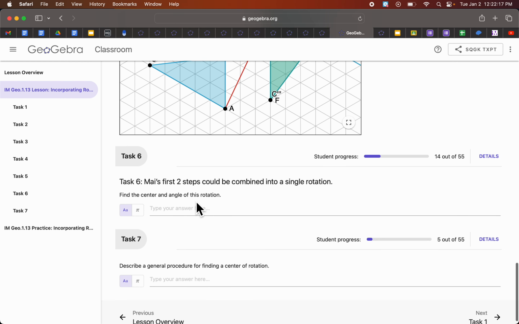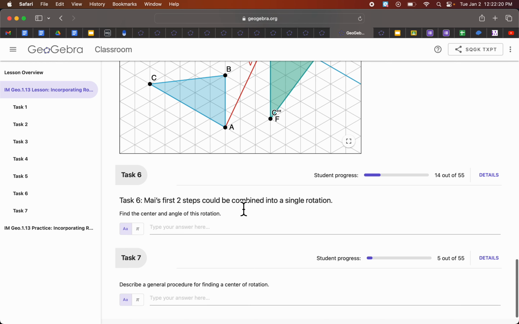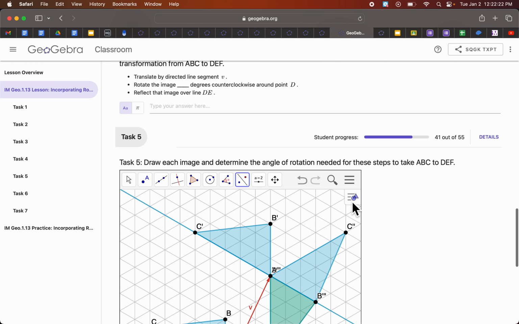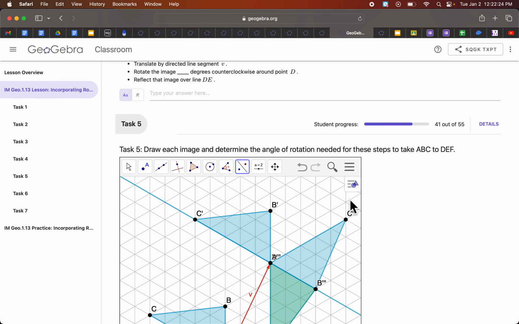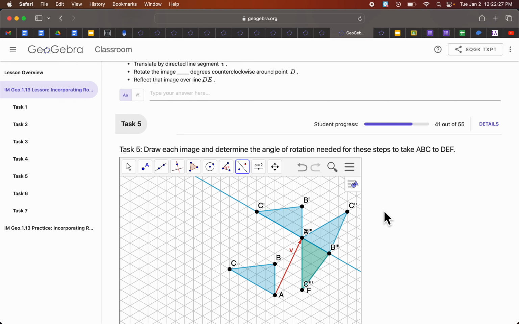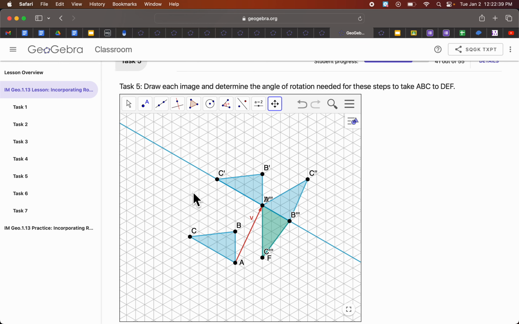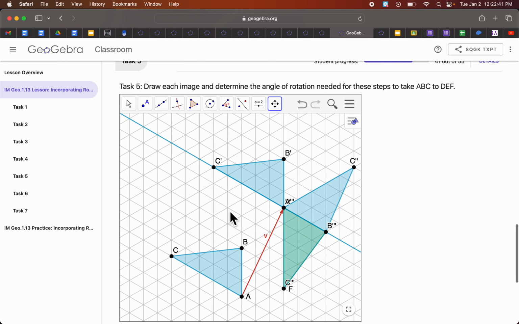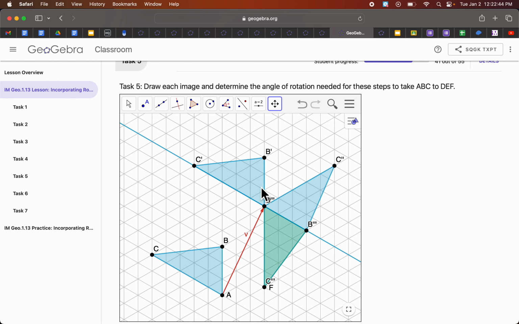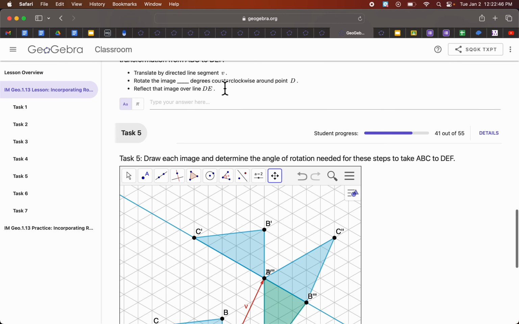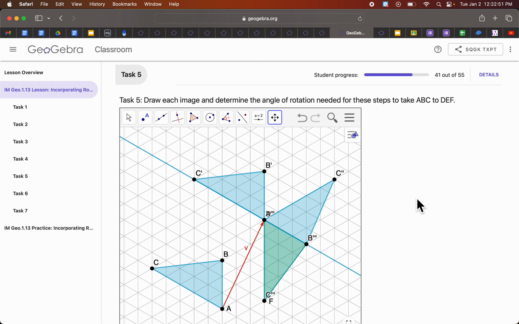Okay, find the center. Okay, my first 2 steps could be combined into a single rotation. Okay, so in other words, in order to get the first 2 steps, meaning translate and then rotate, we could have done that in 1 step.